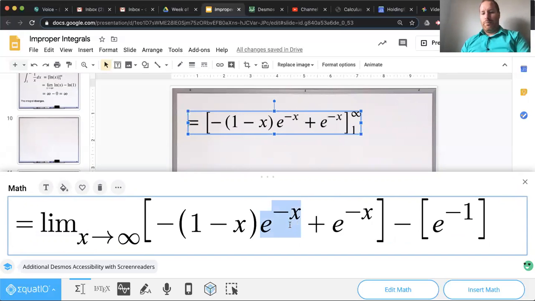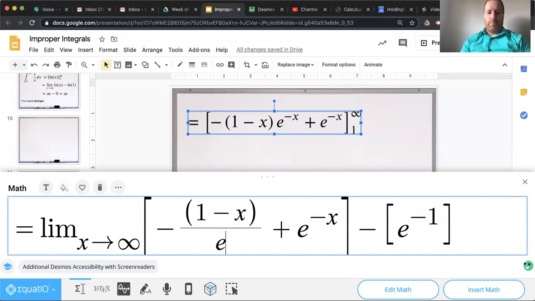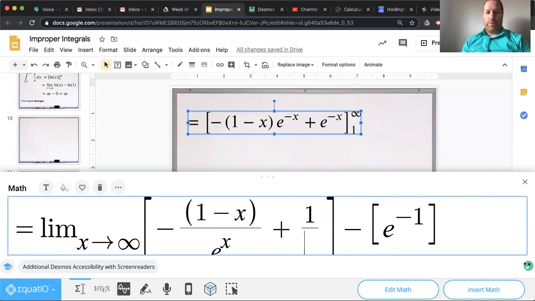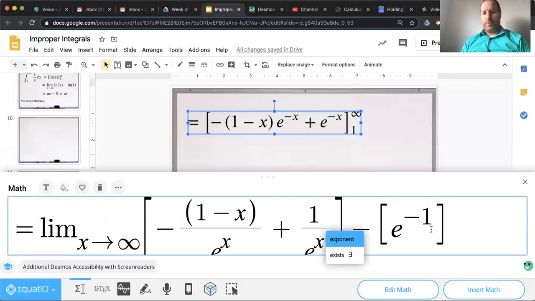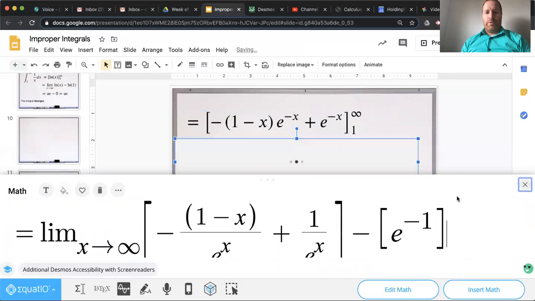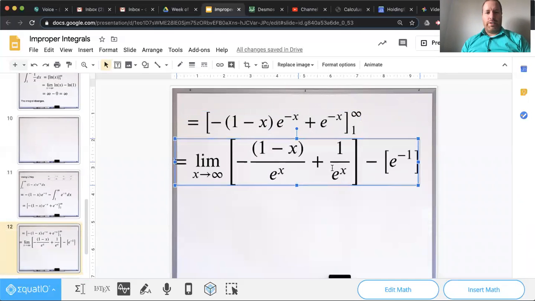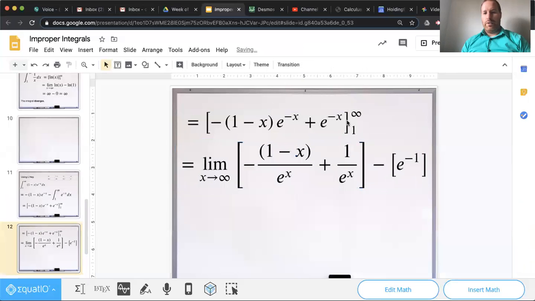Sometimes it's easier to think about those negative values as meaning that it's really in the denominator. This is 1 over e to the x. So we can kind of look at those different things. I know I did a lot of simplifying in there, but you guys have the video to watch, or you could get that this is e to the negative 1 in that case. And then here we can look at this.